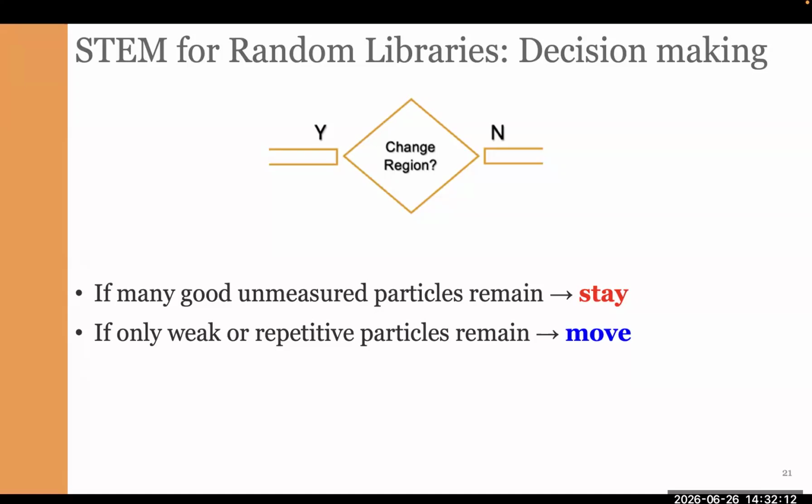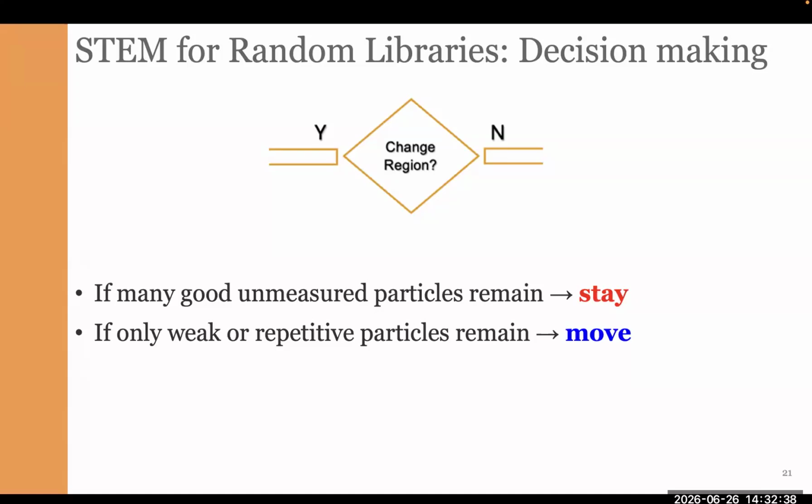And with the ongoing experiment, you will experience a kind of depletion, and you will reach the point when only weak or repetitive particles remain. This is the point when you may consider to take all latency and spend some time to move your field of view, to move your stage, and make another overview scan and get some compositional information.